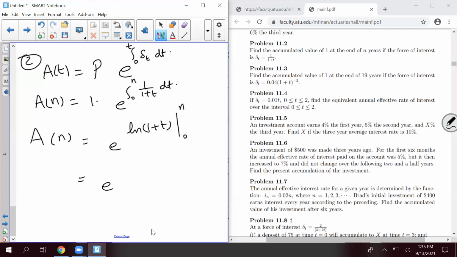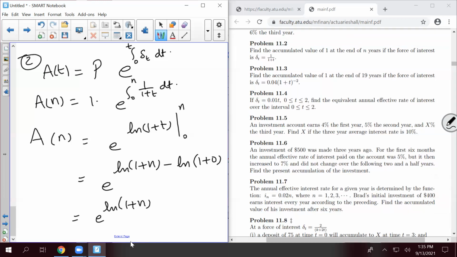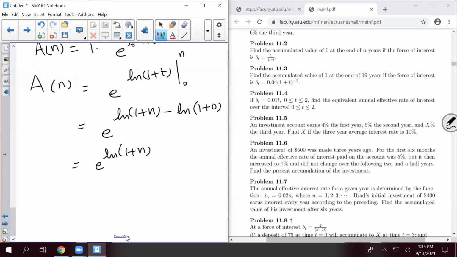So this is e to the power ln of 1 plus n, minus ln of 1 plus 0. What's ln of 1? 0. And what's e to the power ln of 1 plus n? 1 plus n, because e and ln at the same level cancel out.